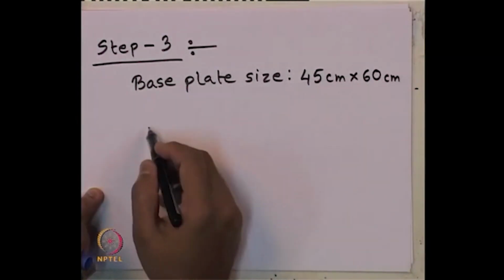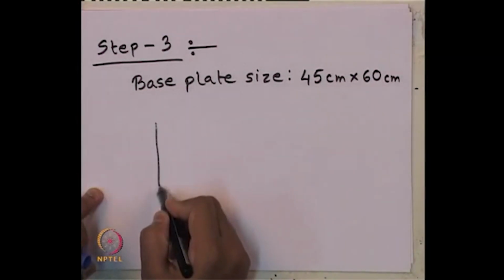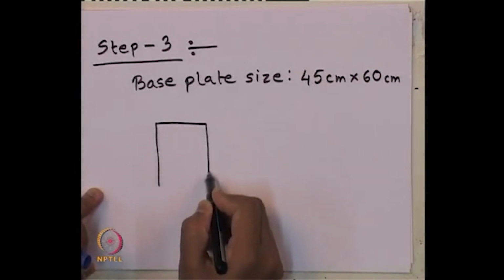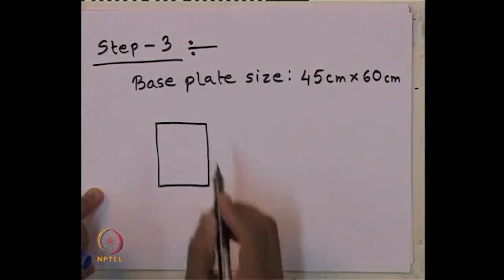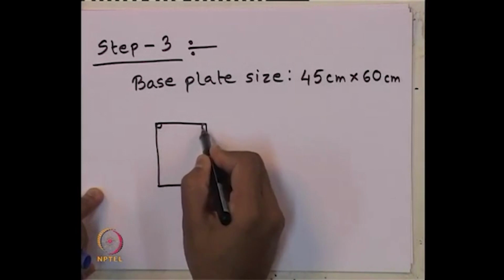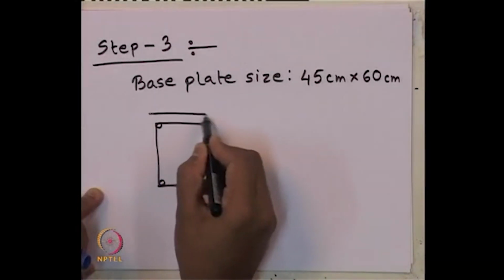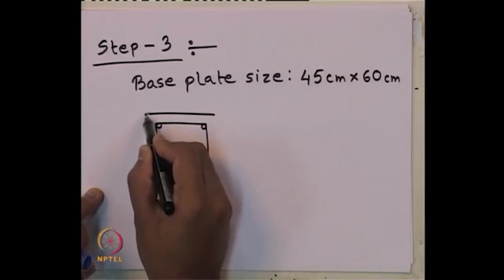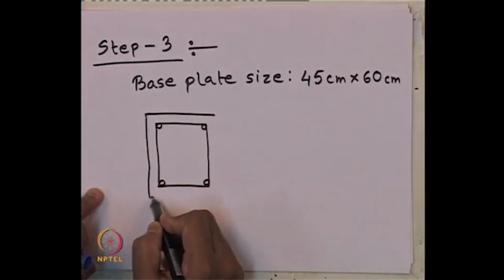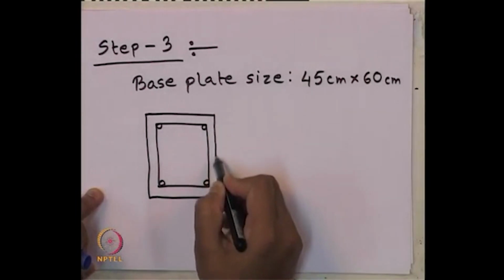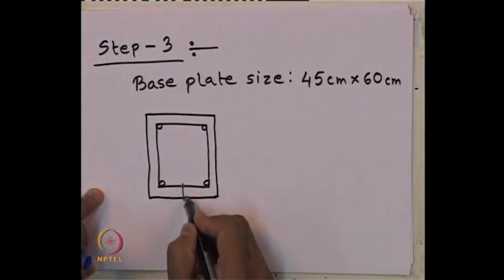And what we know from IS code design specification, that minimum all around clearance of 15 centimeter needs to be provided.